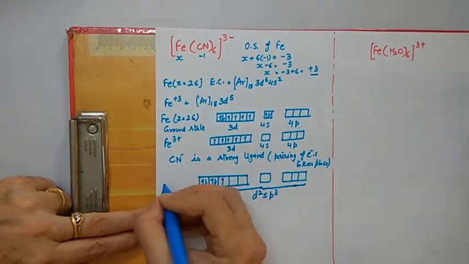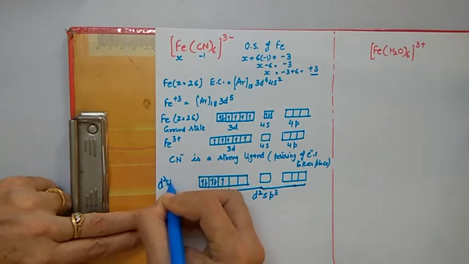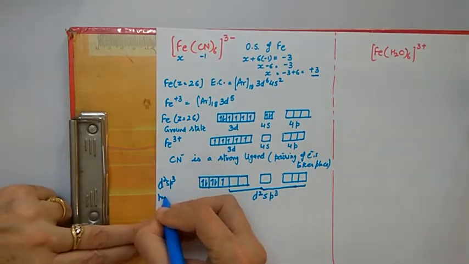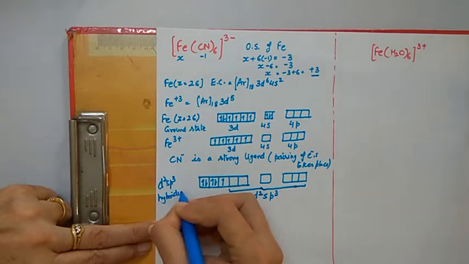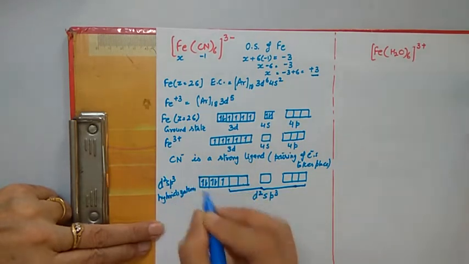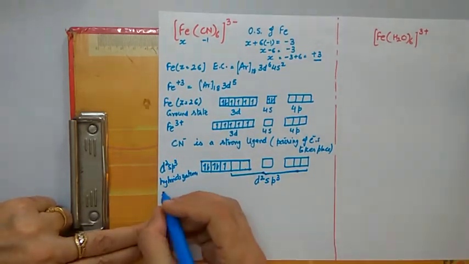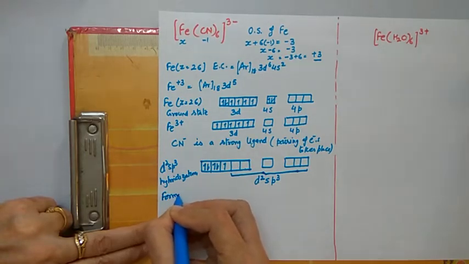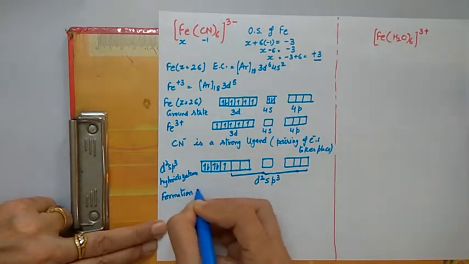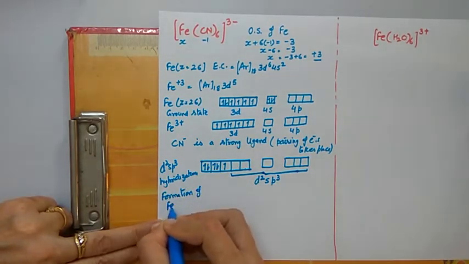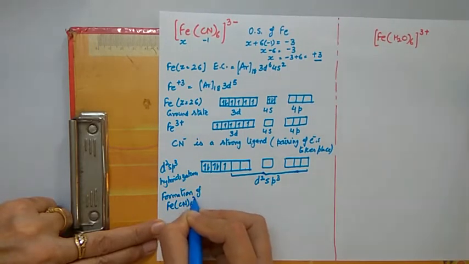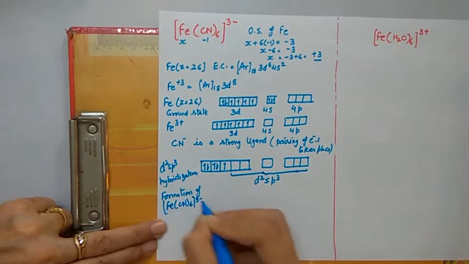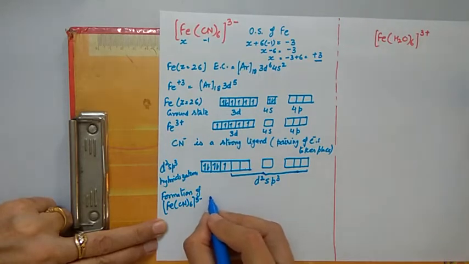Clear? So here we write d2sp3 hybridization. Now how does the formation of the complex [Fe(CN)6]3- take place? How can you show this?